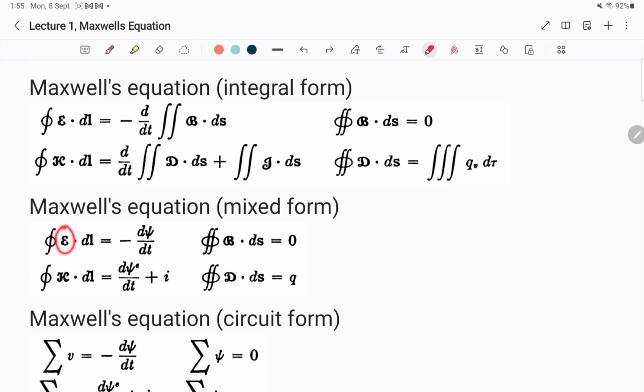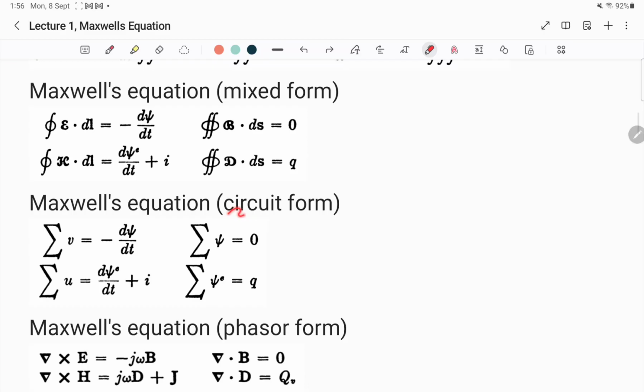field quantities E, H, B and D, and we also have circuit quantities such as psi, which is magnetic flux, and psi E, which is electric flux, I, which is current, Q, which is charge.